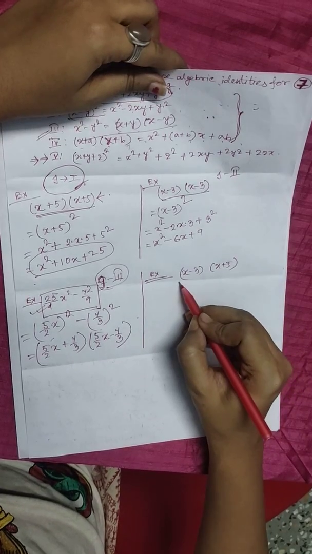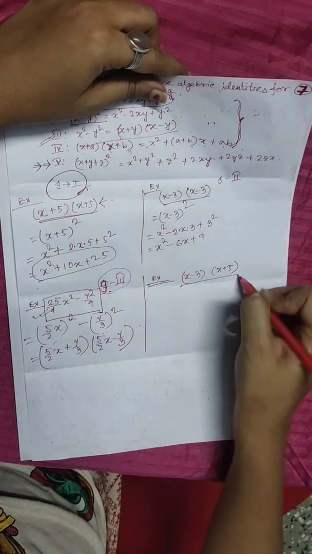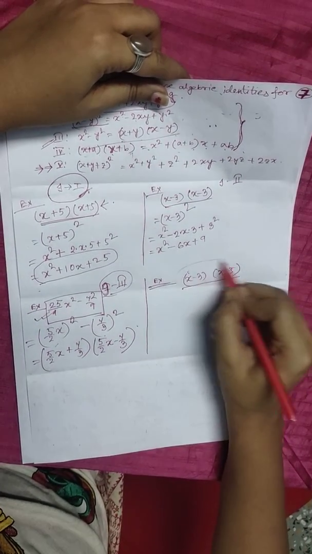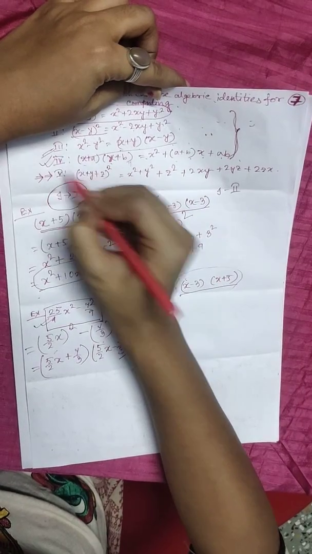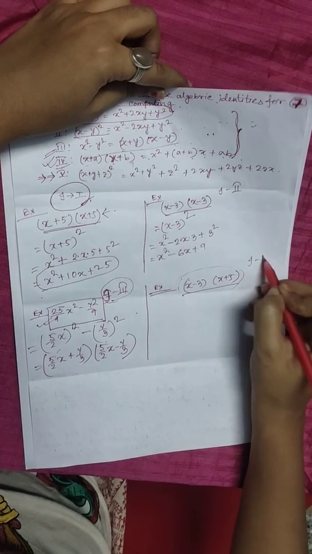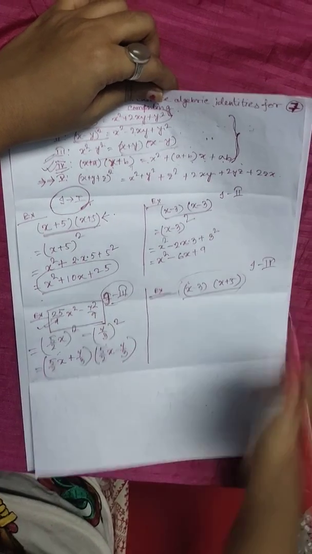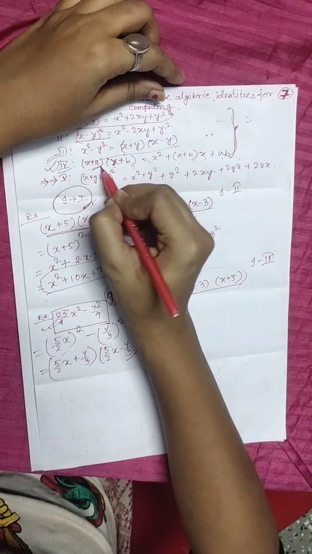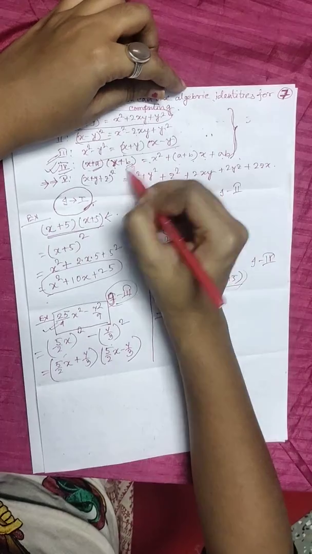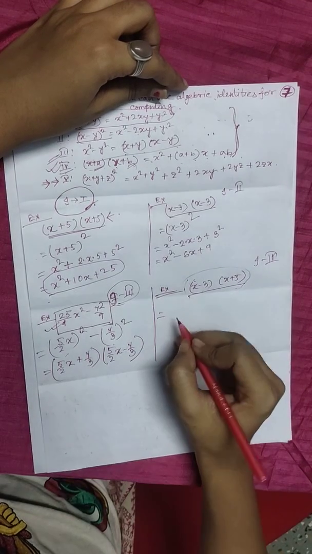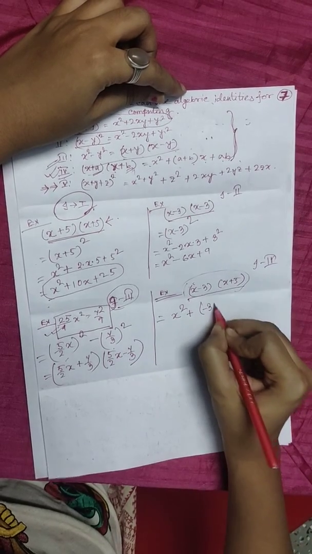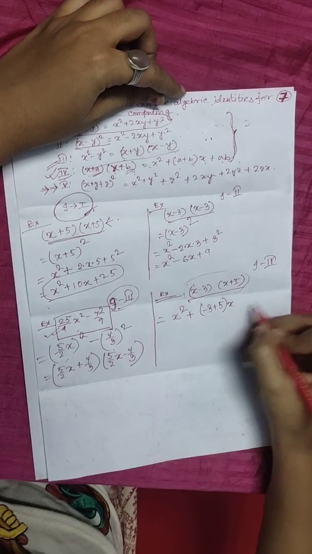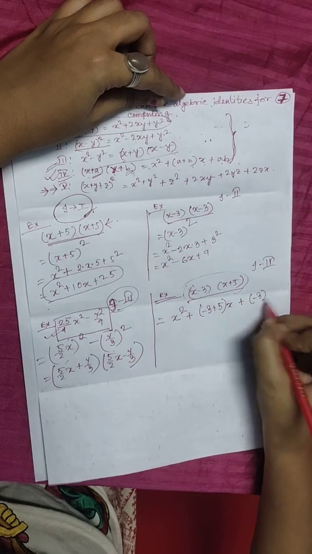Now, if I give you another example and ask you to compute this without multiplication, how will you do this? Now, you will use identity 4. By using identity 4, here let a be minus 3 and b be plus 5. Now, how will you write it? x square plus (minus 3 plus 5) into x plus minus 3 into 5.